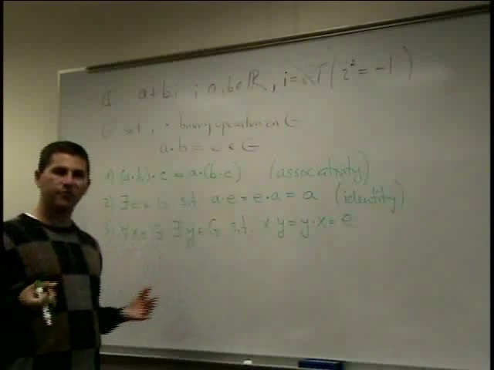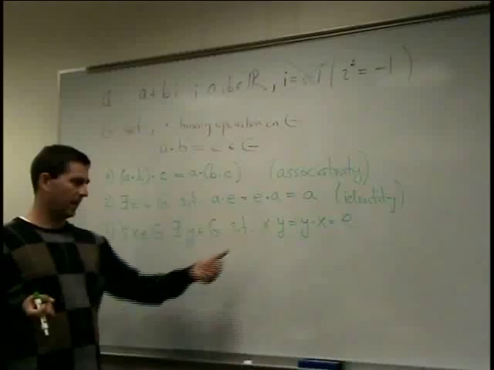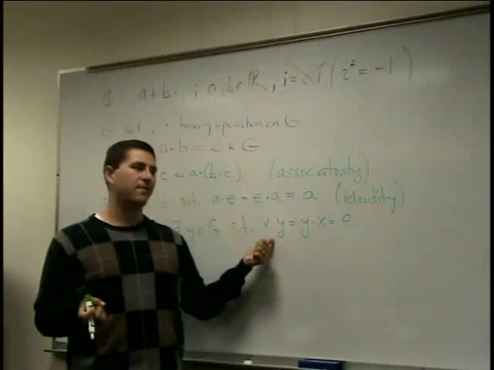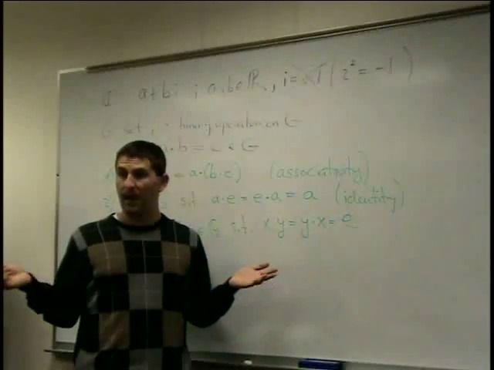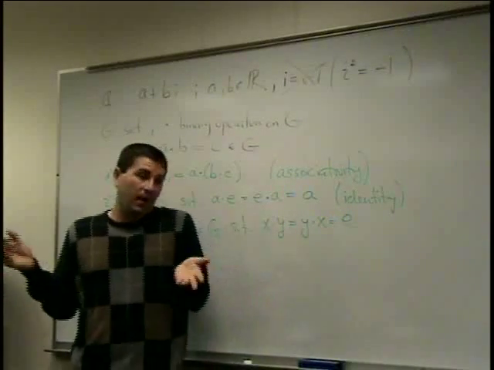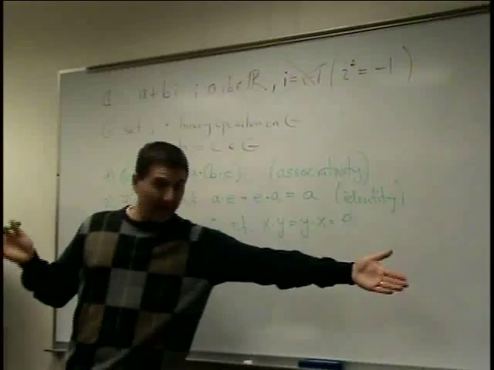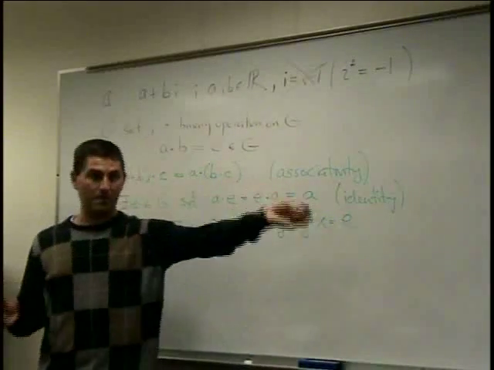So if we were in the integers under addition, and I start with a 5, what do I have to add to 5 to get to the identity, which is 0? Negative 5. And for any integer, I can find a negative of that integer, and when I add those, you'll get back to 0.